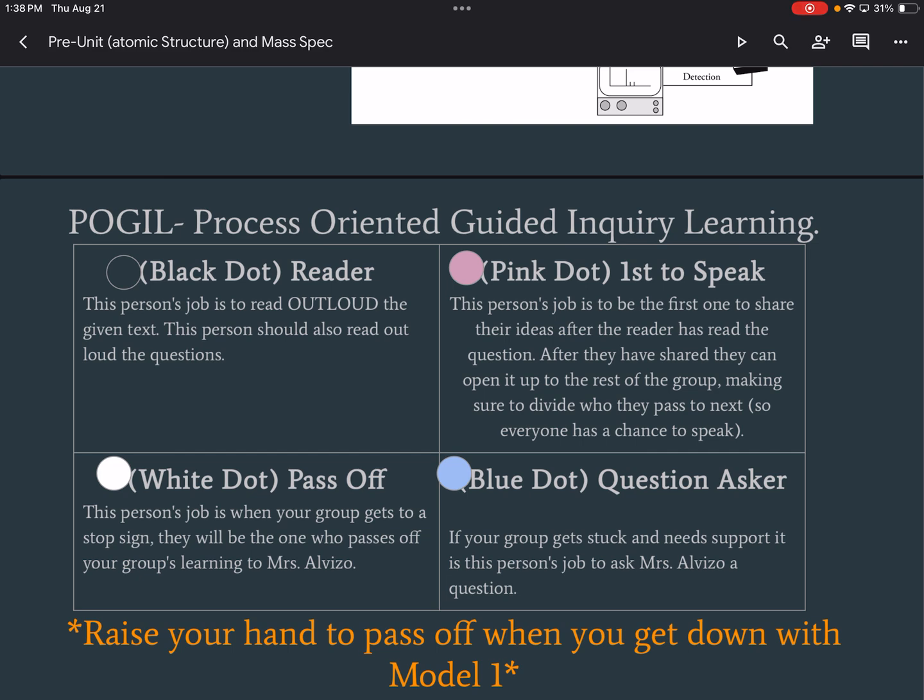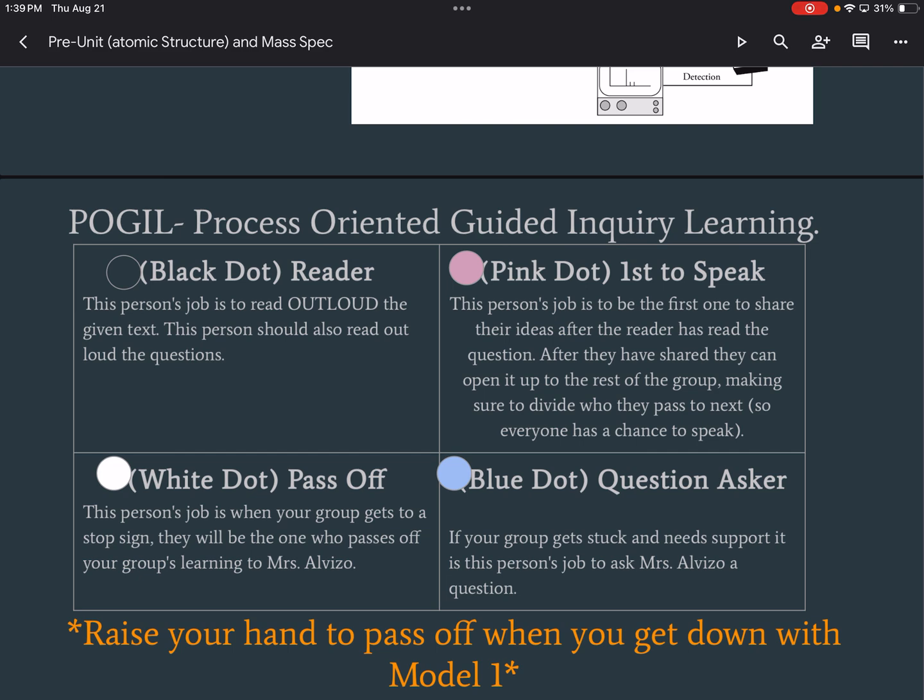Okay, so don't answer them all yourself, but be like, hey, what do you think, Landon? And then rotate through the questions to give everyone a chance to speak. Because I know naturally there's some people who will automatically give every answer, and there's others who actually have probably really great things to say, but they're just not going to shout it out. But if you give them a chance, there's an opportunity there. Okay? Questions if your job is the pink dot.